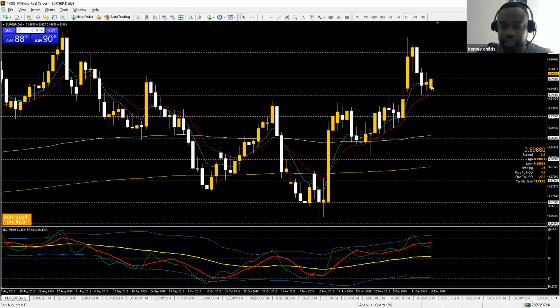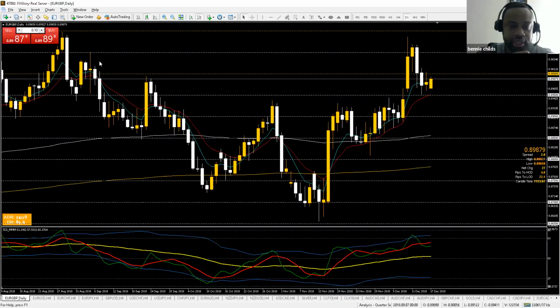But to me, this looks like just a little bit of a pullback, and we're going to move into our other strategy. It's making our M formation for our market beta trading strategy as well.